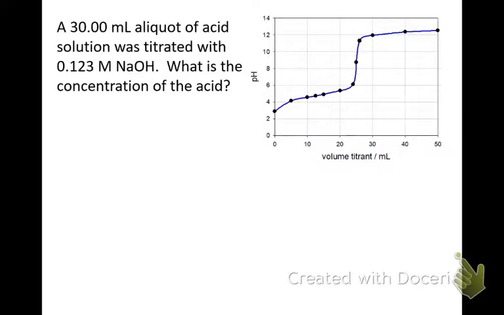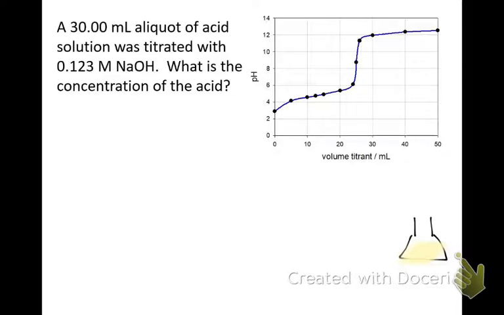If we picture what that looked like, we had our Erlenmeyer flask and we put something like 30 milliliters of acid in there. Aliquot just means a portion. We titrated that with 0.123 molar NaOH, and our question is, what was the initial concentration of the acid?